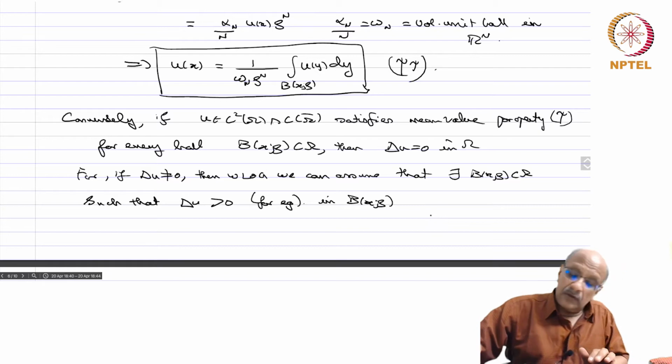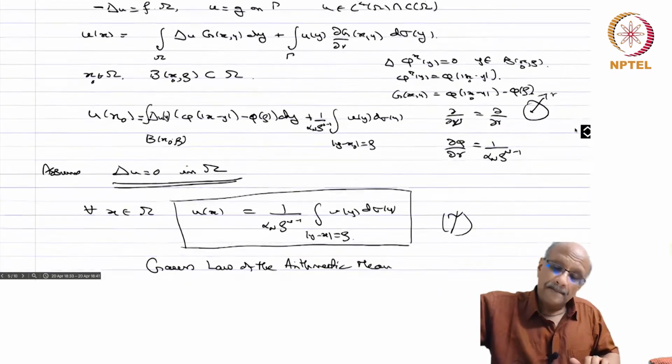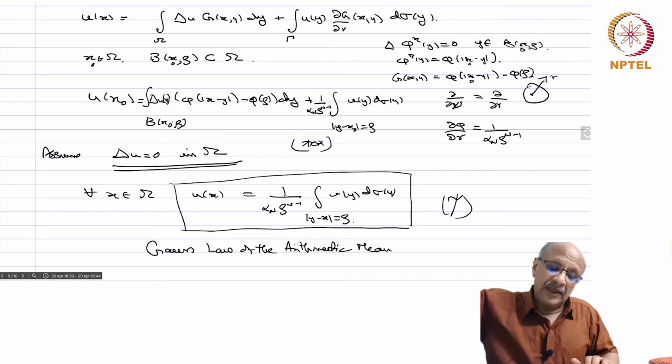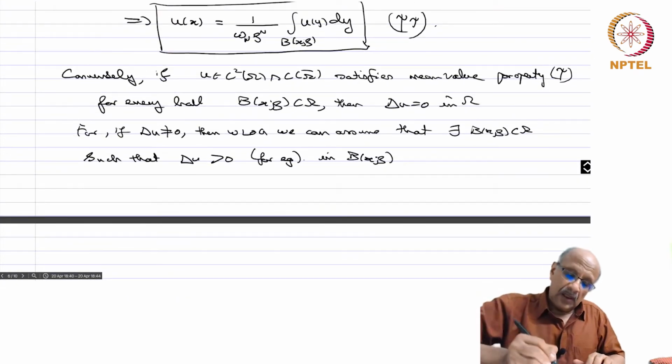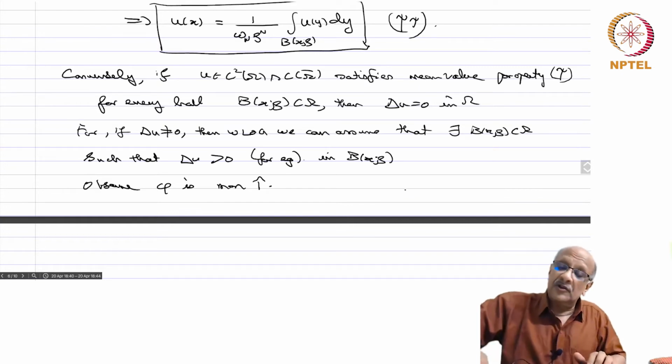Now then it follows from this equation, call this triple star if you like. Observe phi is a monotonic function.